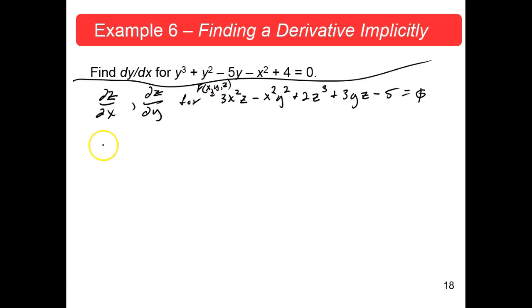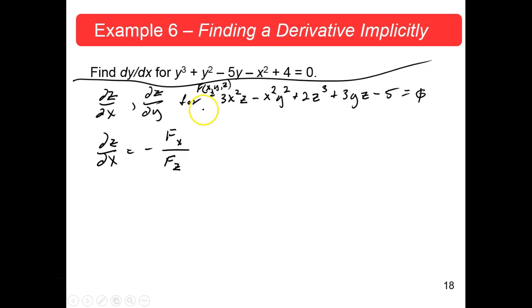So it asks for partial of z with respect to x, and that gives us minus the partial of f with respect to x over partial of f with respect to z. Again, just sort of reversing those two. That to me is the easiest way to think of it.